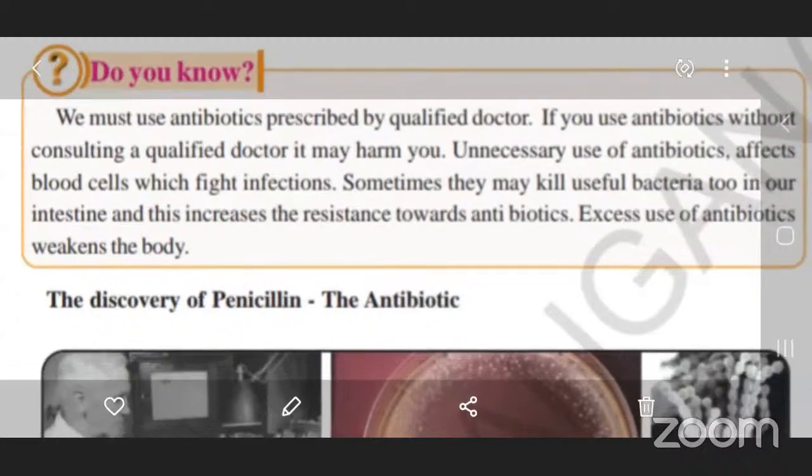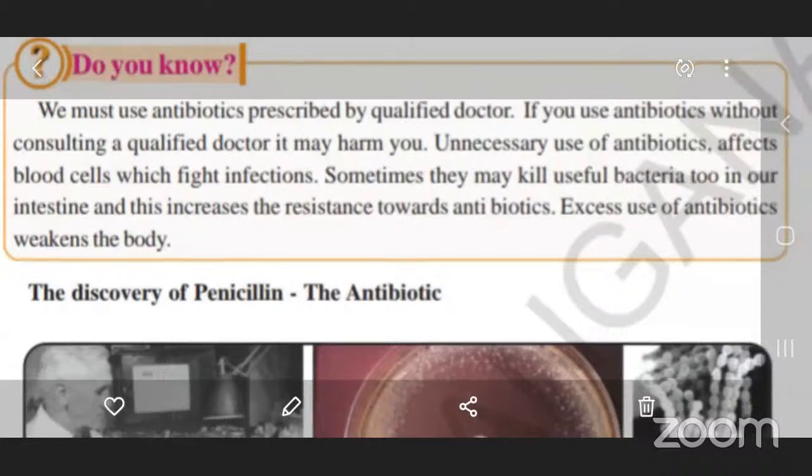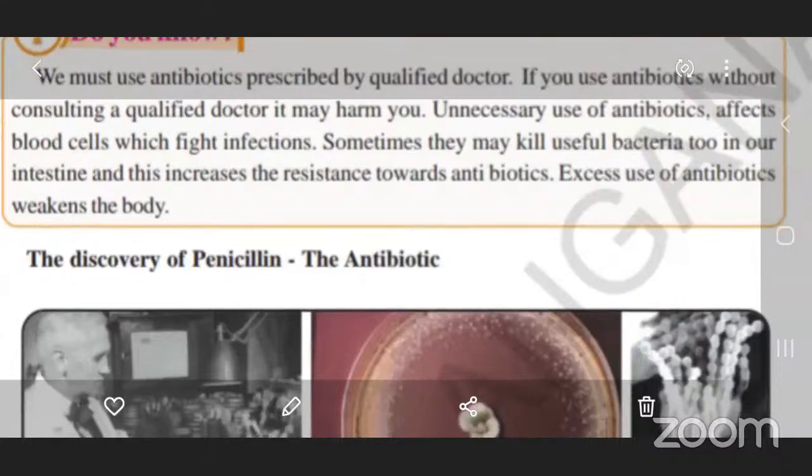So we must use antibiotics prescribed by a qualified doctor. If you use antibiotics without consulting a qualified doctor, it may harm you. Unnecessary use of antibiotics affects blood cells. If used unnecessarily, it is not good for our health.